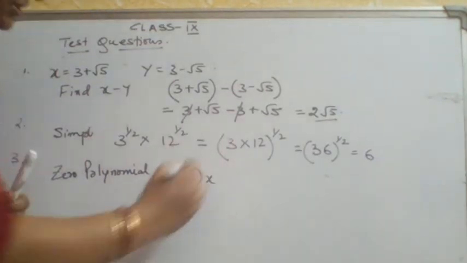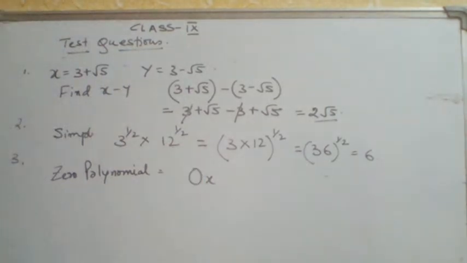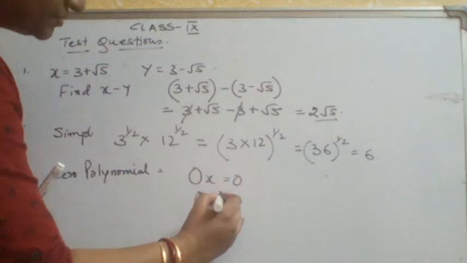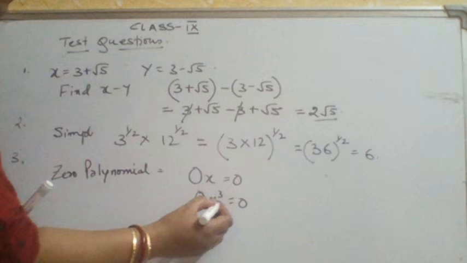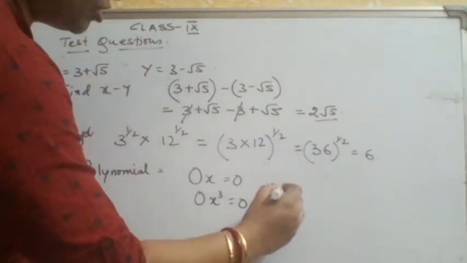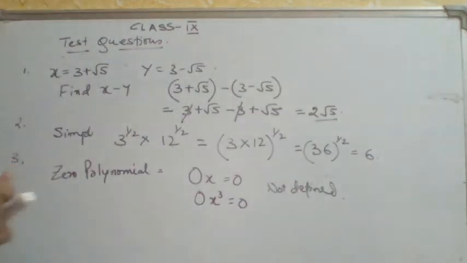Even if you write some variable, like 0 x raised to the power 3, it again comes out to be 0. Whatever power you put on the variable, this becomes 0. So the degree of the zero polynomial is not defined. Okay, so this is your third question.